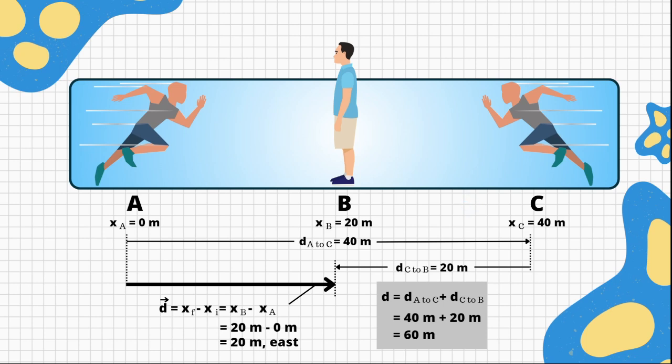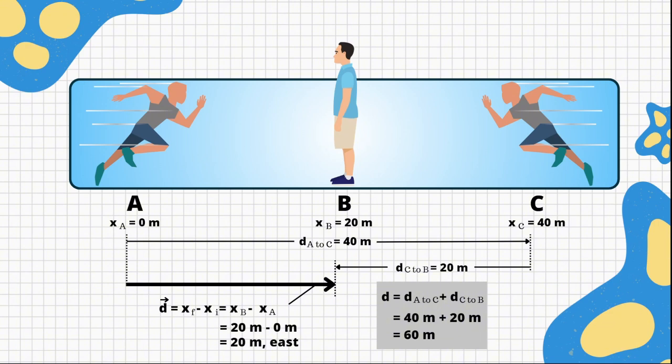So therefore, we need to include the direction. So it is 20 meters east because we want to consider the initial and final positions. The initial position is at point A, while the final position is at point B. So that gives us the eastward or east direction.